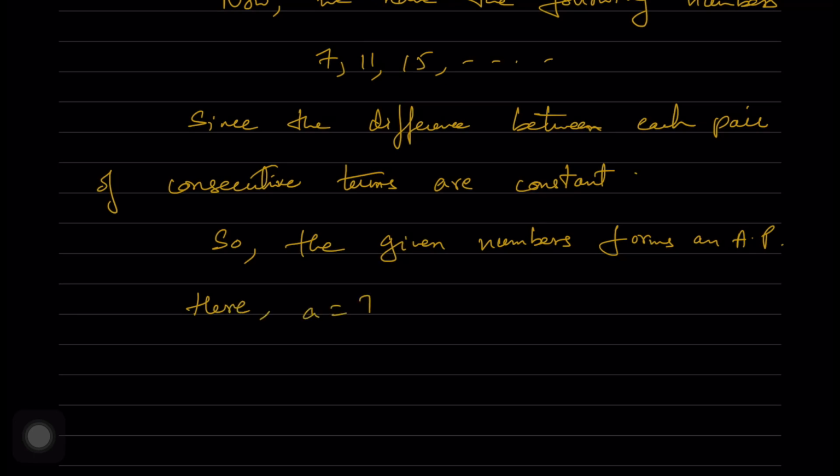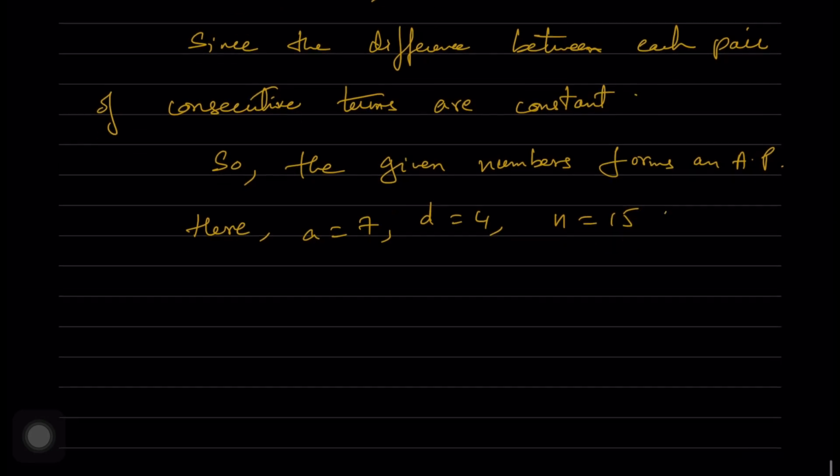Here we have a is equal to 7, d is equal to 4, n is equal to 25.